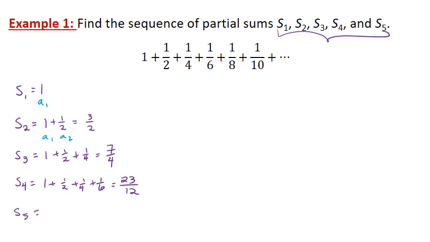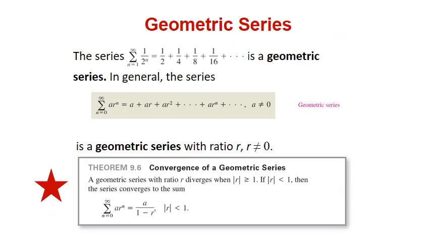And then here, plus 1/8. And there are a couple ways you can do this. I'm just showing you what this means. So 49/24. Okay, and really that's all there is to it when finding the sequence of partial sums.